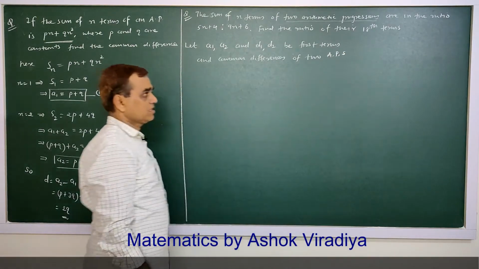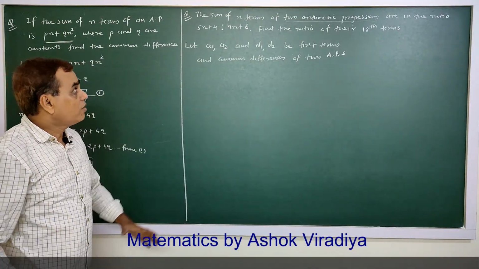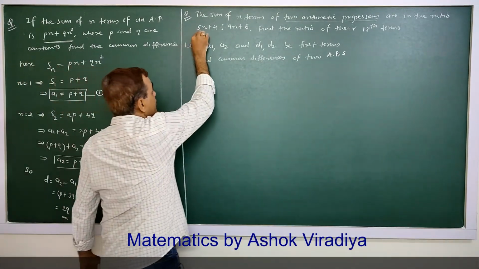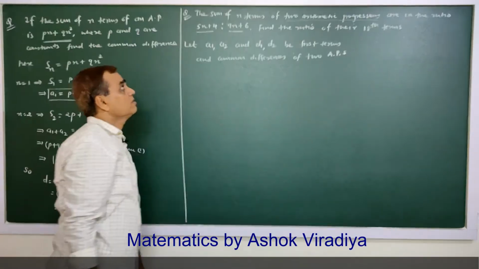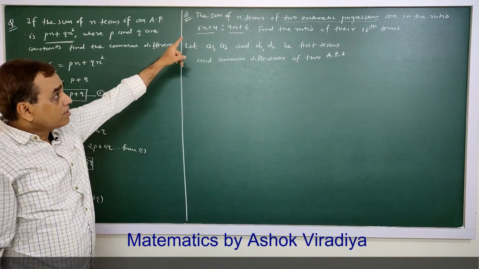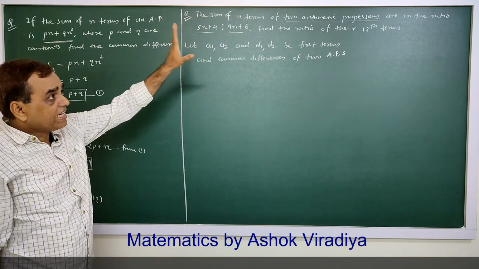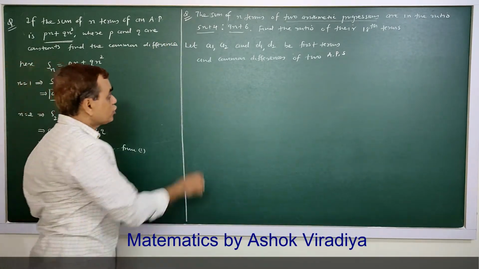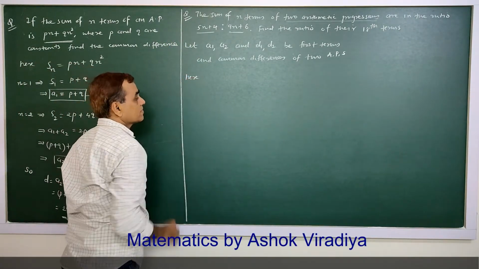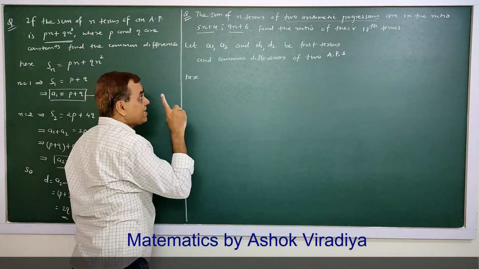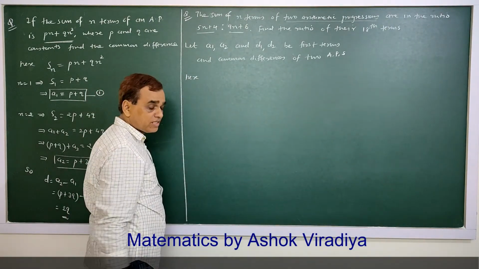Now here this is the ratio of sum of n terms of both arithmetic progressions. So here, sum of first n terms of first arithmetic progression.